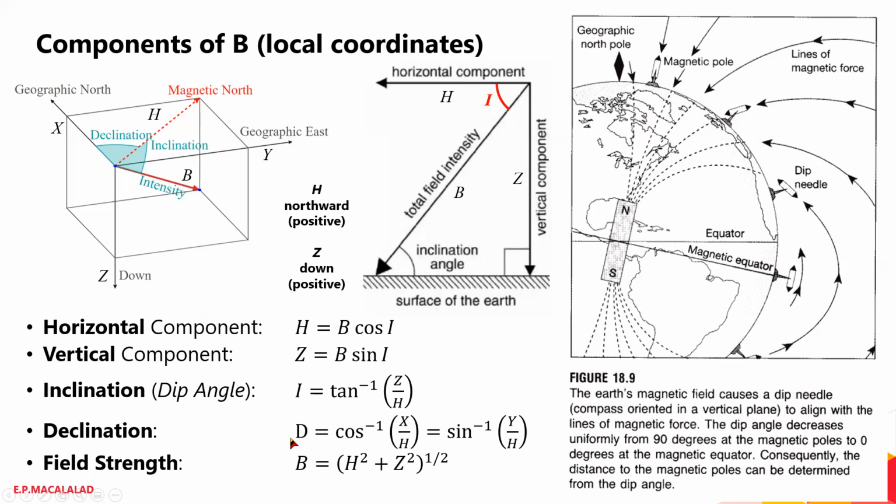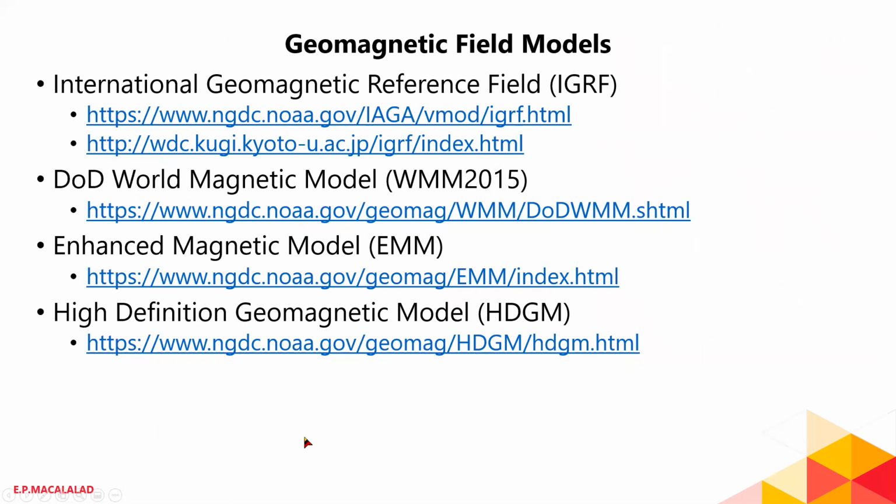As I mentioned, these parameters H, Z, I, D, and B are provided by several magnetic field models. These are some of the internationally recognized models. One of the most famous is the IGRF, the International Geomagnetic Reference Field, and the World Magnetic Model, developed by NOAA and the Department of Defense.